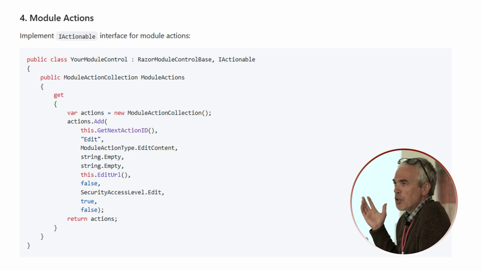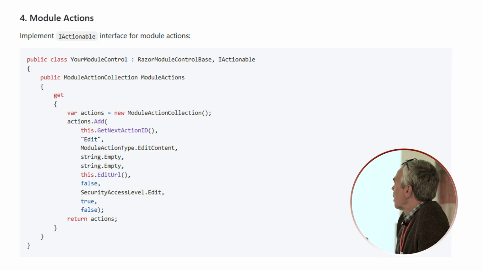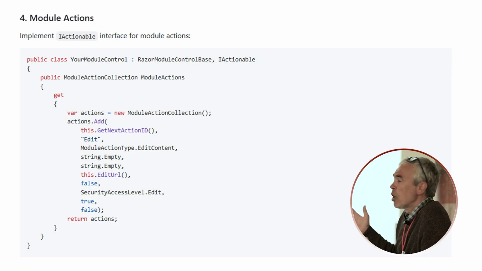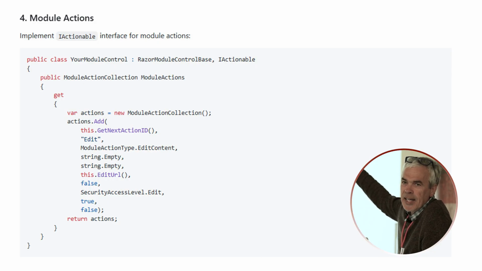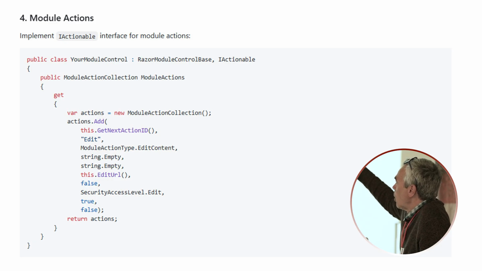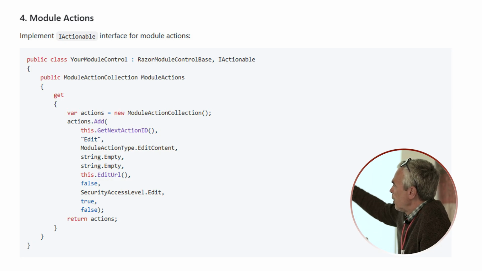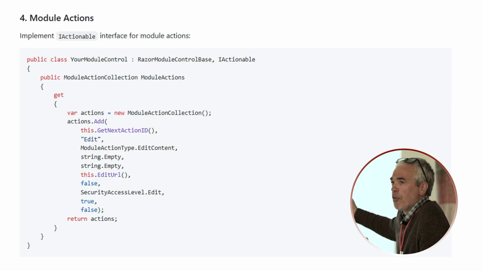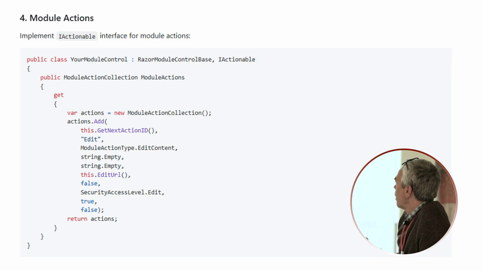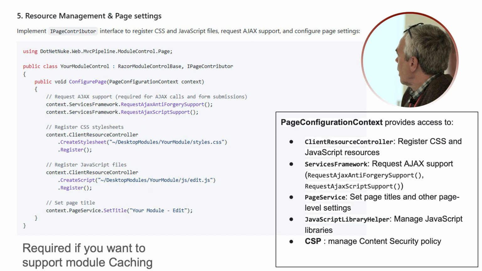For module actions, it's just like before. You just have to implement IActionable on your module control and define the action just like before. But we also introduced a new interface that a module can implement.